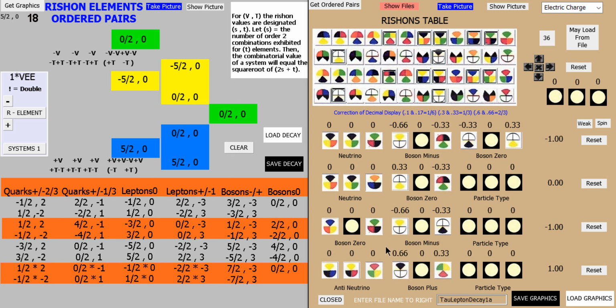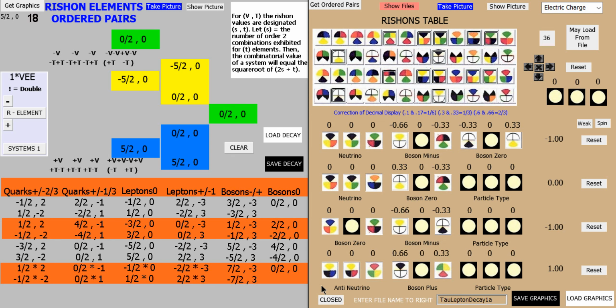Now, if the vector W boson interacts with the anti-tau neutrino and gives us an anti-tau lepton and an anti-tau neutrino, the particles with the 2/3 charge will mutually annihilate and will leave us only the particles with the minus 1/3 and the plus 1/3, which will give us a contributing electric charge of 0.